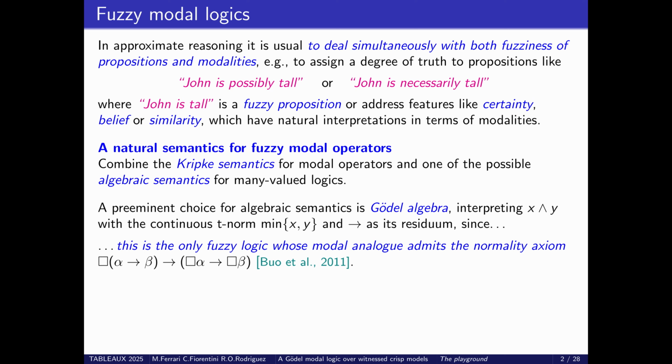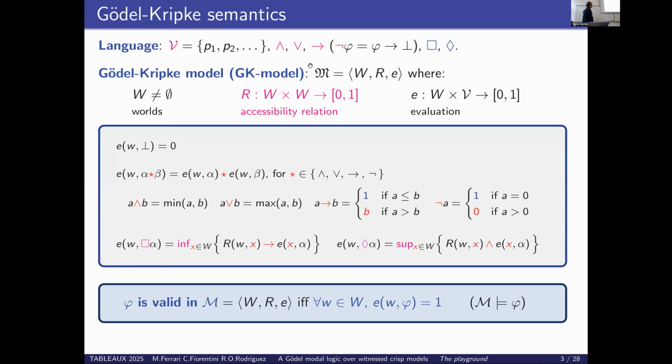So if you want a multi-valued modal logic which in some way corresponds to the usual modal logic, you have to choose this fragment, this interpretation.